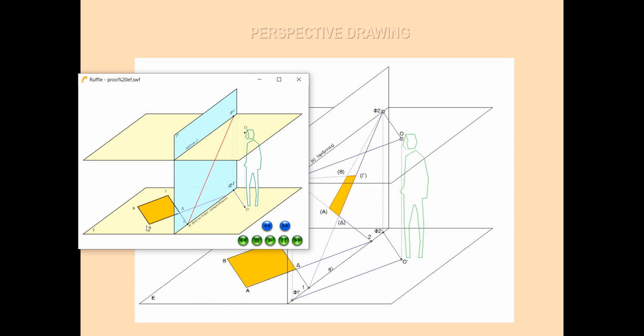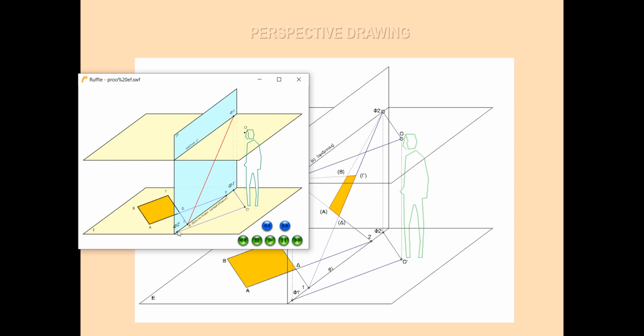In the same way, if we extend this side of the square, we will find point 2 on the baseline of the perspective plane. And if we draw the parallel line from the projection of the viewing point from here, we will find the projection of the vanishing point phi2 there.